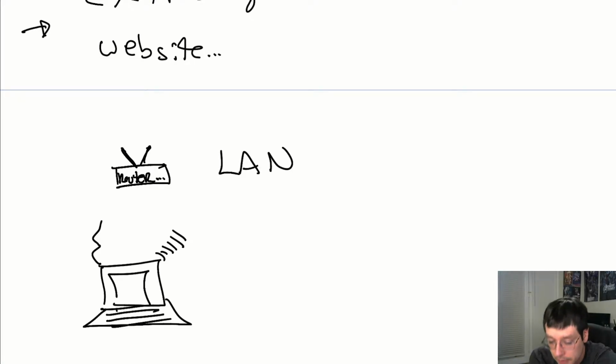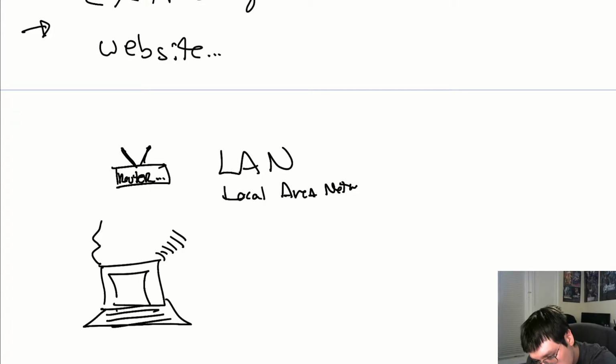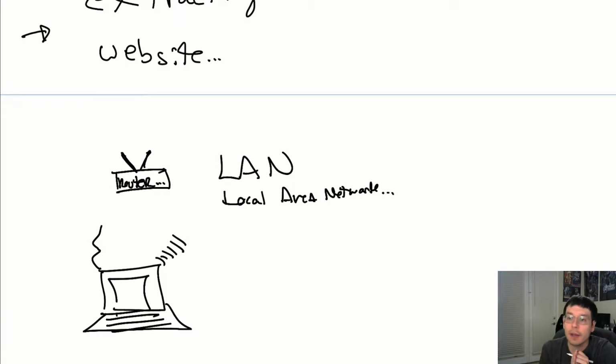In fact, let me spell it out. As the name implies, this creates a local network, the local internet per se amongst your different devices, so that they can all coordinate to get access to the main pipeline to the internet.